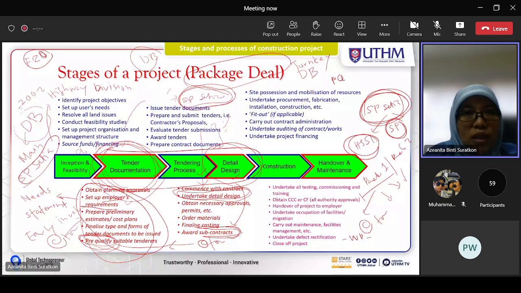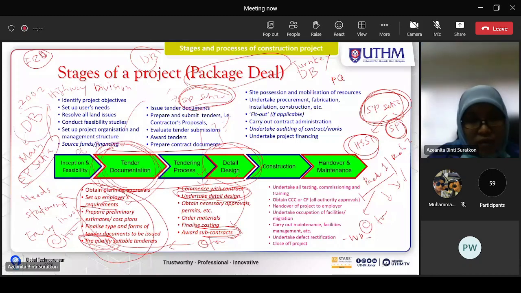Maybe the client will ask the consultant to design a bit of the project, for example just 10%, 20% or 30%, depending. It is just to give an idea to the next main contractor to continue with the design. So at this stage the client may have a design, but not a complete design, just a little bit to give an idea of what the client actually wants.